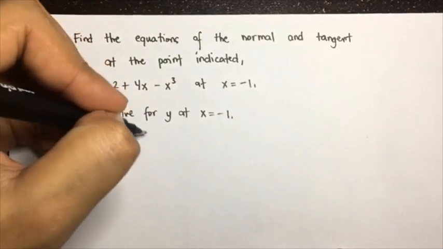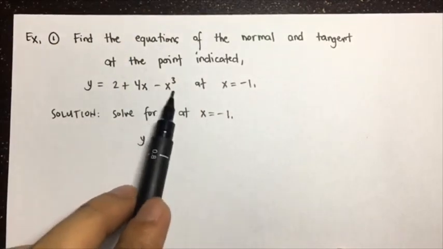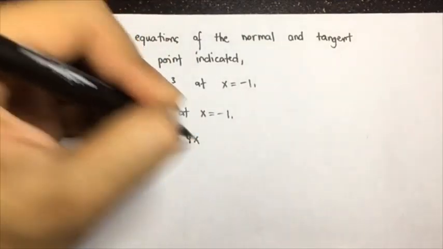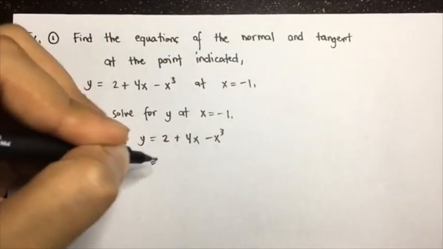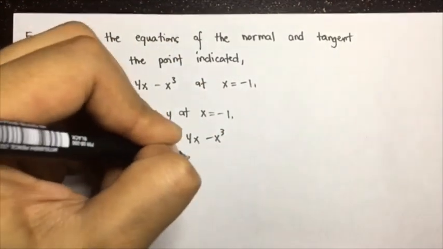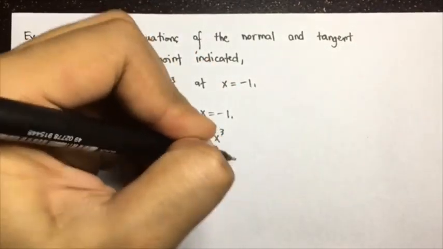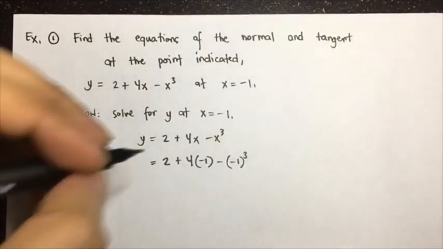So y is equal to, all we need to do is substitute x is equal to negative 1 here. So you have 2 plus 4x minus x cubed, which is equal to 2 plus 4 times negative 1 minus negative 1 cubed.